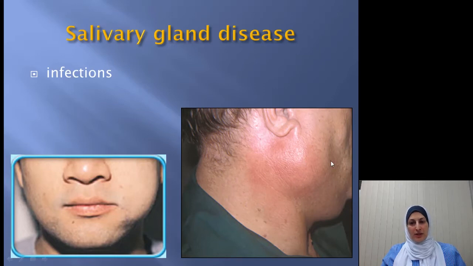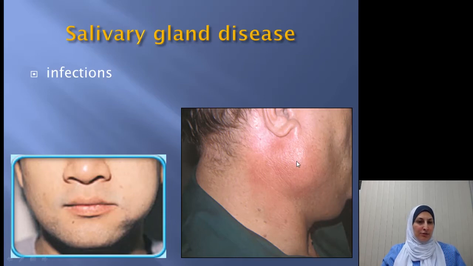Here this image shows probably a bacterial infection in the parotid gland, and the reason why I thought of bacterial is because the skin looks red. In a viral infection, the skin does not look red, it is just swelling. And here it's affecting the parotid gland area.